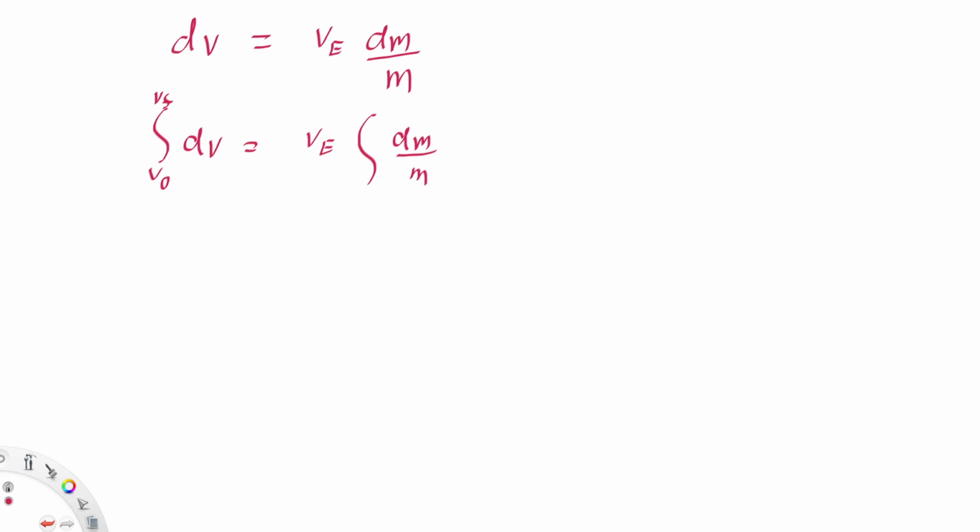So what do we get when we integrate the left side there? Like, what do we get when we integrate dv from v naught to v final?